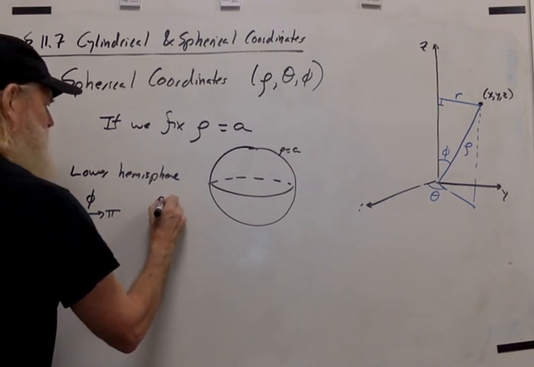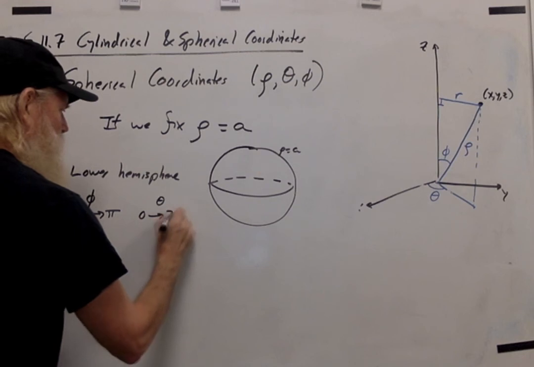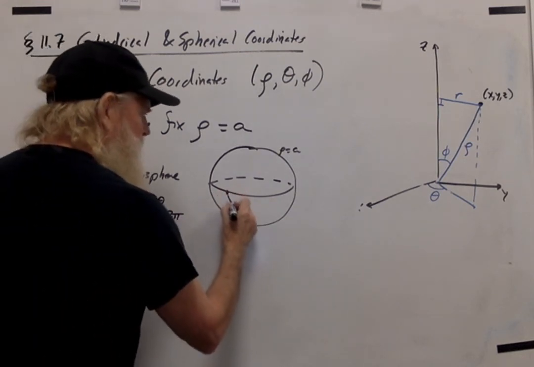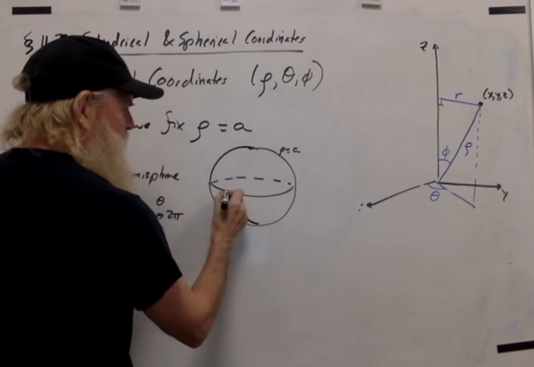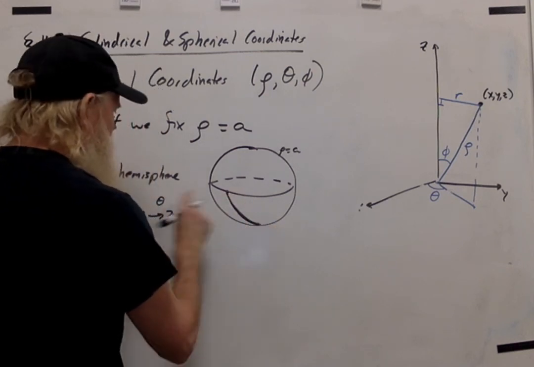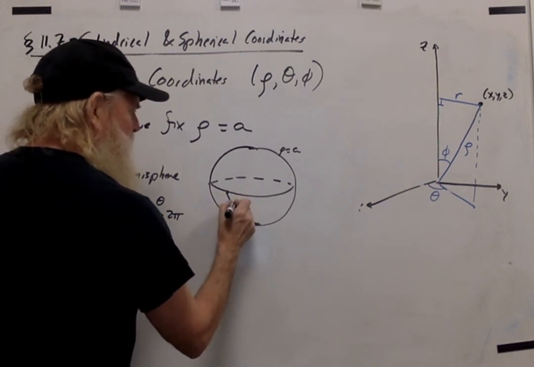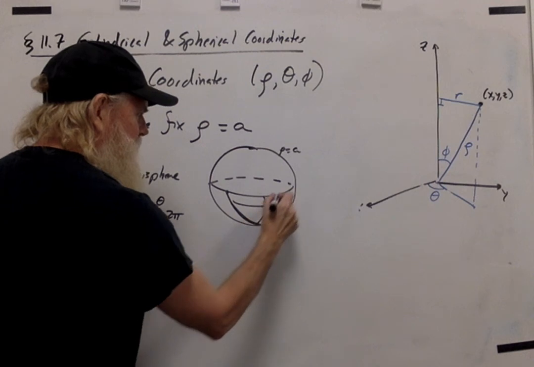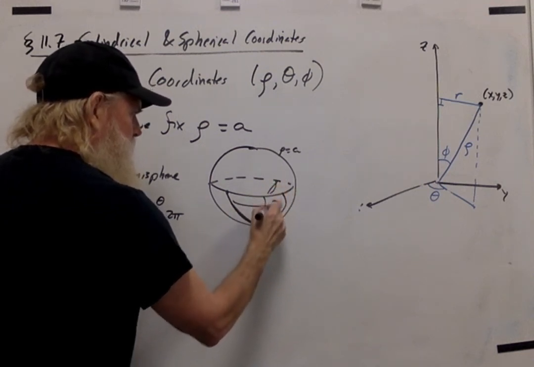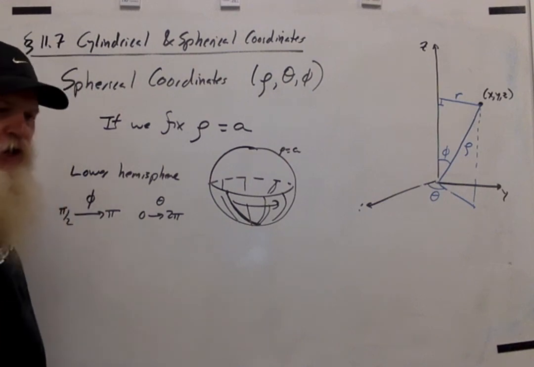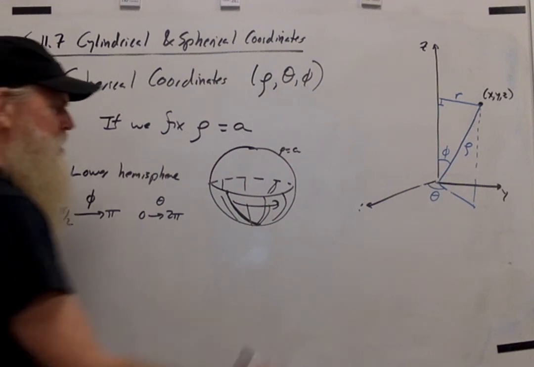And I'll let theta go from 0 to 2 pi. So I'll be going from pi over 2 to pi, which sweeps us out from the xy plane to the south pole. And then by letting theta go from 0 to 2 pi, I'm sweeping this all the way around. And that'll give me the lower hemisphere.